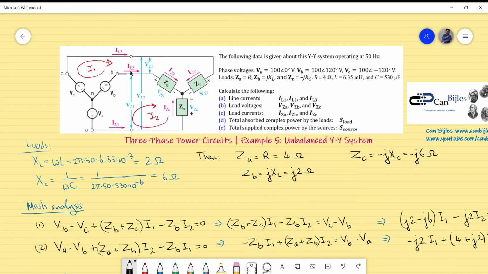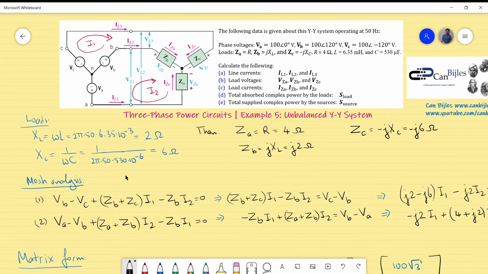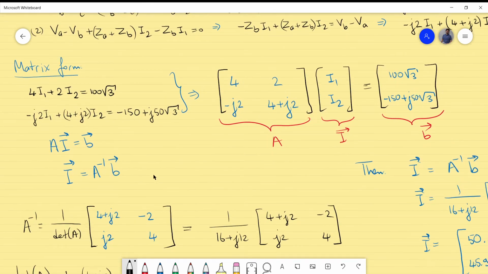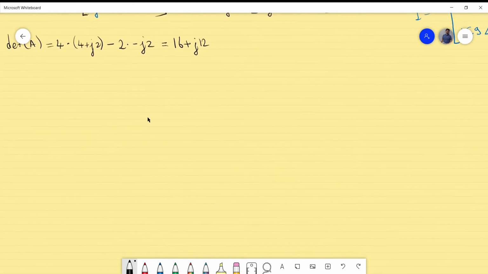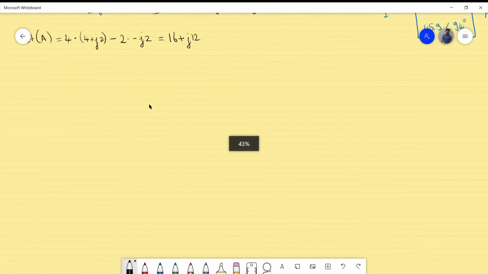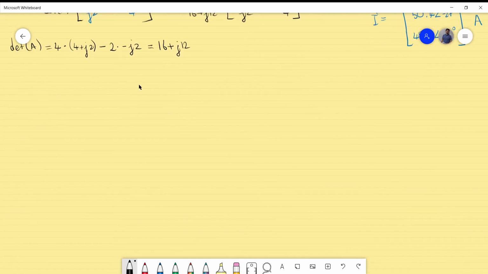If I look at IL2, which is I2 minus I1, it is in the direction of I2, but in the opposite direction of I1. If I want to know IL3, it's the same direction as I1. So let's move on with the line currents.